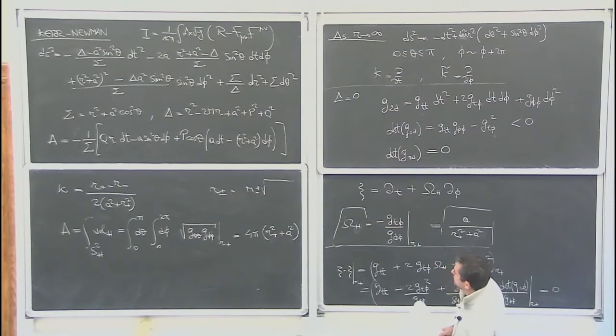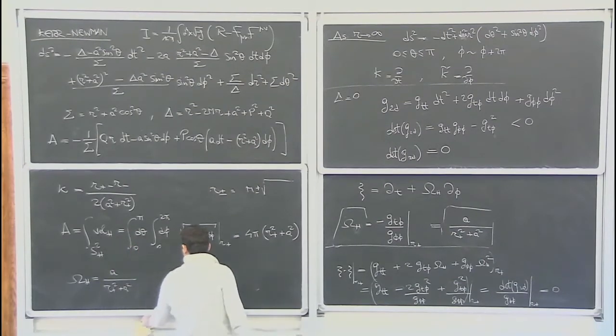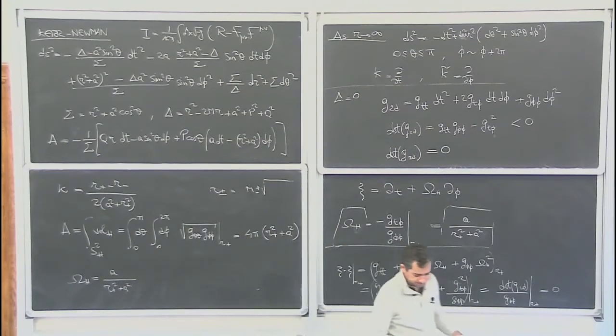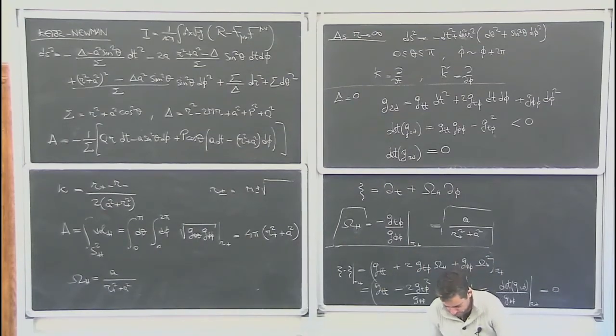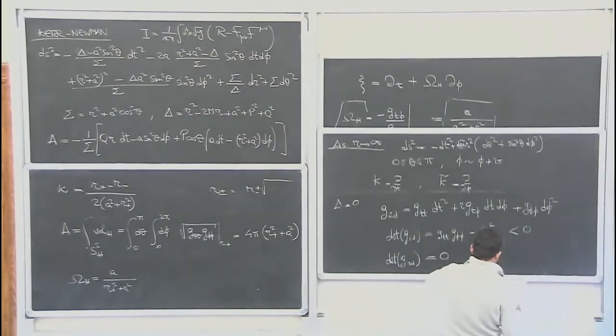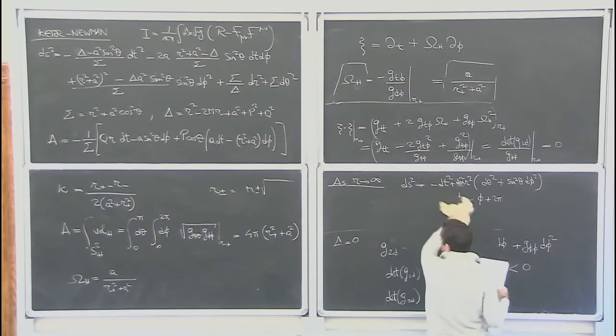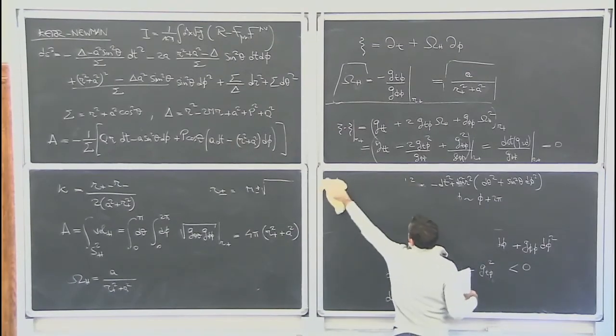Okay. I copy there the angular velocity as well. Omega h is a over r plus squared plus a squared. Now we want to check the Smarr relation.